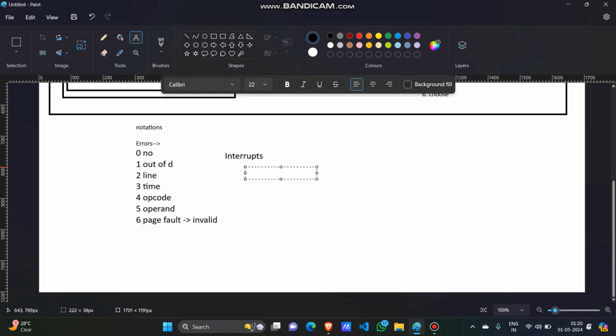So in interrupts we have SI interrupt, that is system interrupt, which can have three values, 1, 2 and 3, where value 1 indicates get data, value 2 indicates put data, and value 3 indicates halt. This is the system interrupt.